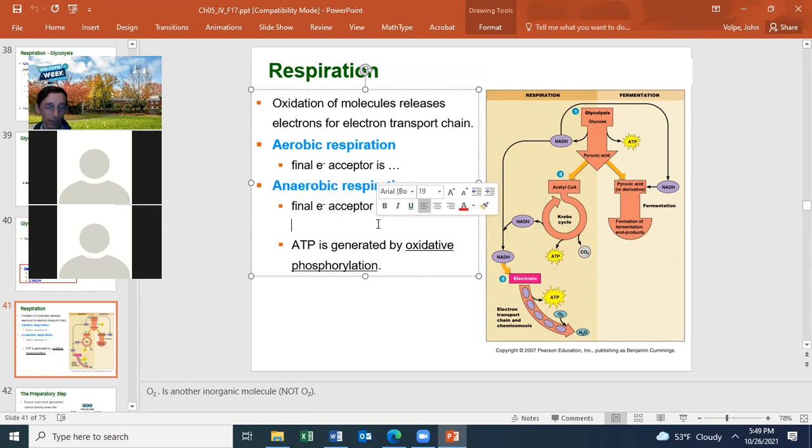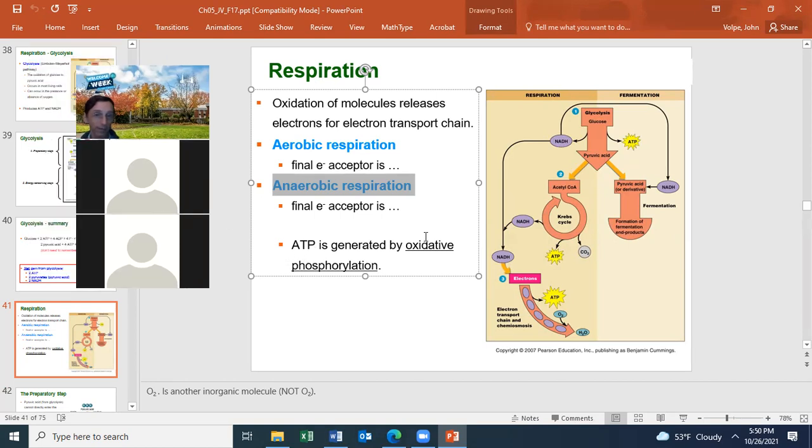But it could be a sulfate, or a nitrate, or a carbonate, or an iron. It could be a lot of things because there are many different forms of anaerobic respiration. But there's only one form of aerobic respiration. Either way, respiration generates ATP by oxidative phosphorylation. So this is just a little summary of what respiration is.